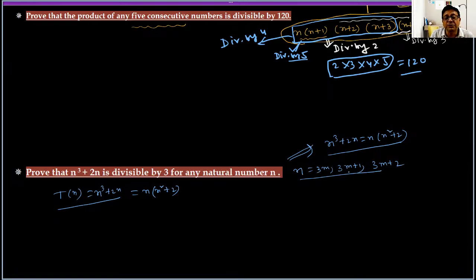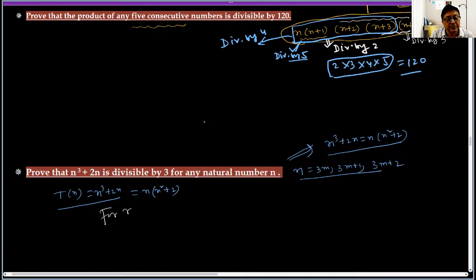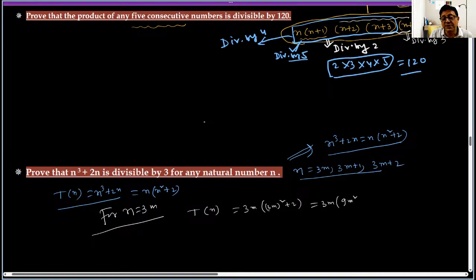So let us go case by case. For n equal to 3m, this product Tn is going to be 3m into (3m) whole square plus 2. This is nothing but 3m into 9m square plus 2.